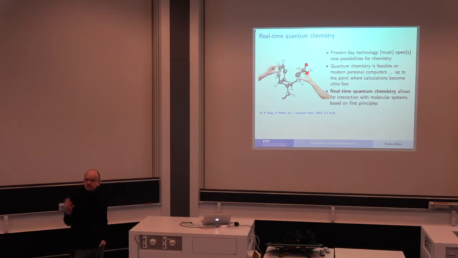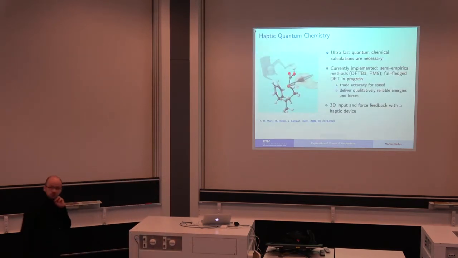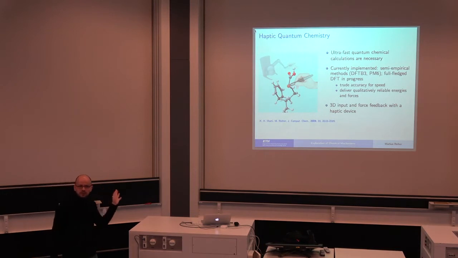So fast that you immediately receive the data. So say you're manipulating a structure and the result is there like this. So how do you deal with the information flow? One of our solutions is we look for new hardware devices, like these force feedback devices, which you might have seen before.